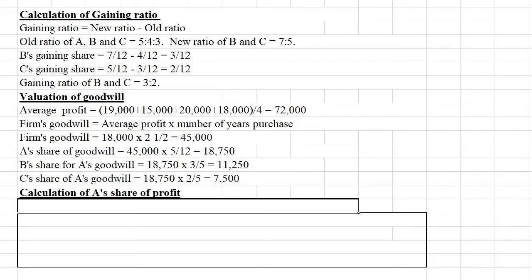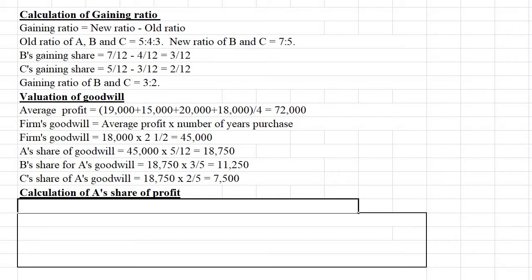Last year's profit is 18,000, which is for the full year, and he dies on October 1st. That means April 1st to October 1st, there are 6 months. So we have to calculate 6 months share of profit, that means 18,000 into 6 by 12.